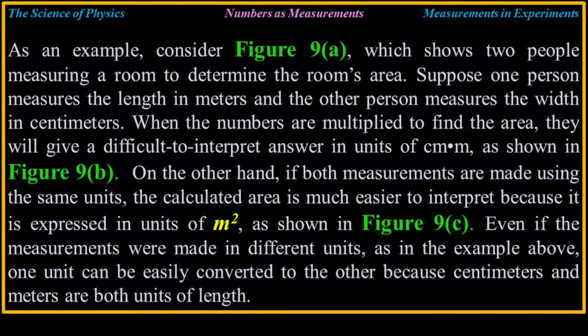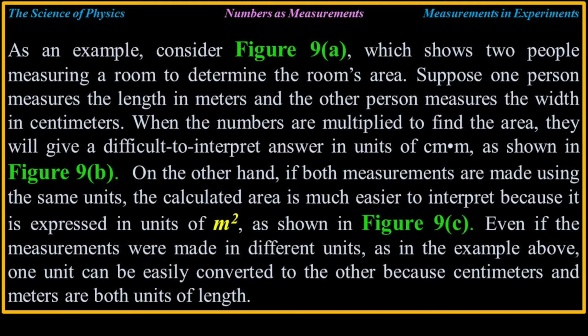On the other hand, if both measurements are made using the same units, the calculated area is much easier to interpret because it is expressed in units of meters squared, or square centimeters, as shown in figure 9c.